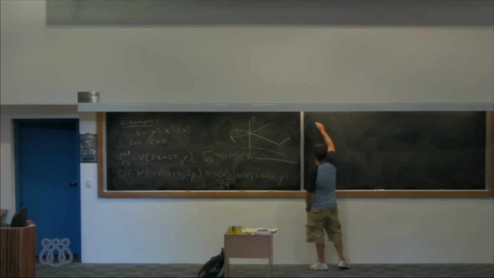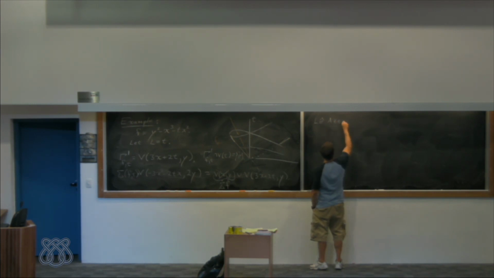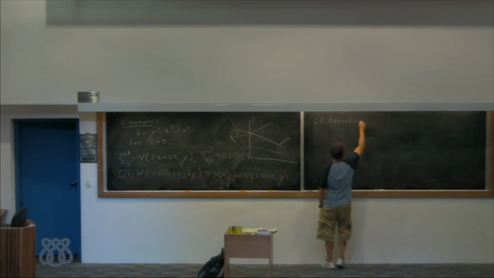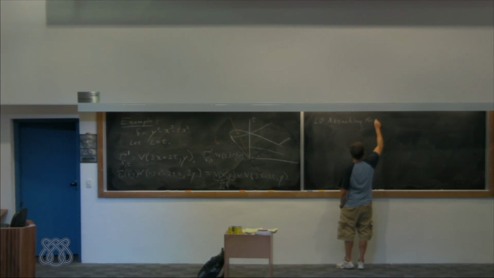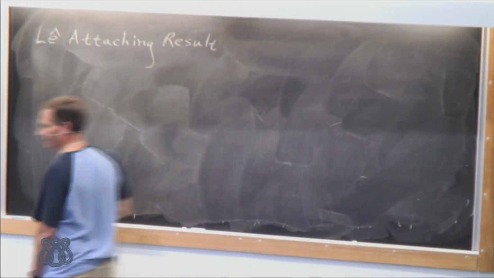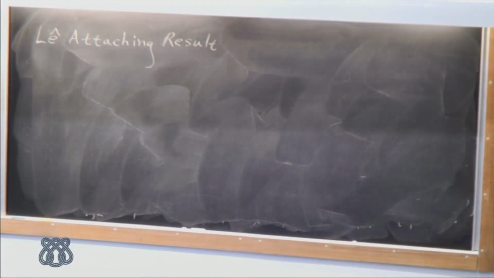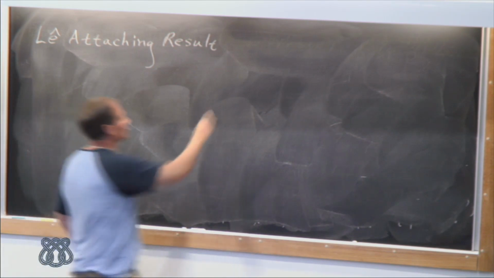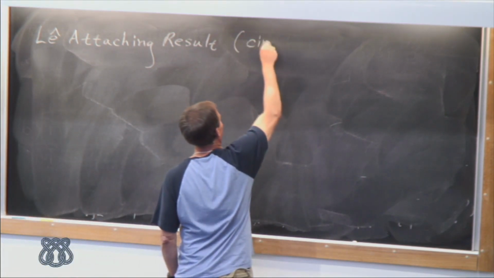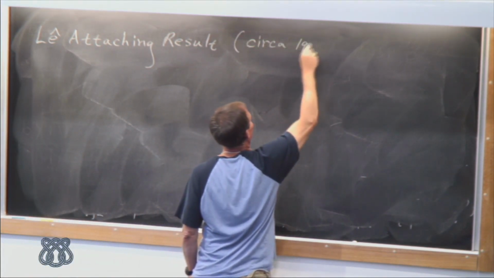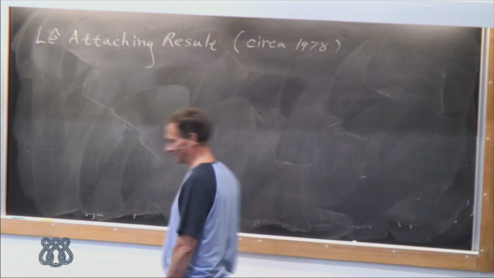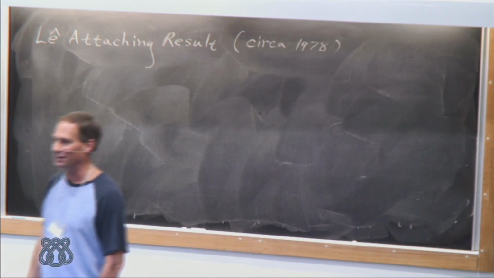But let me go with Lê's attaching result, which is from, 78 sounds good. I don't think I wrote down when it is. It's in the notes. I'm going to say circa 1978. It's probably maybe earlier.